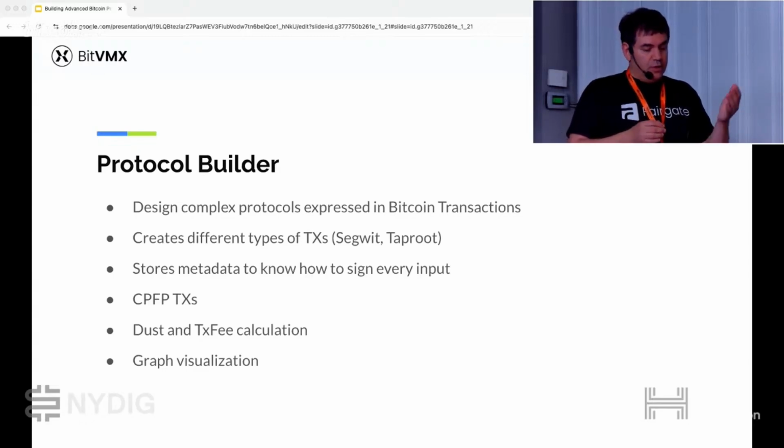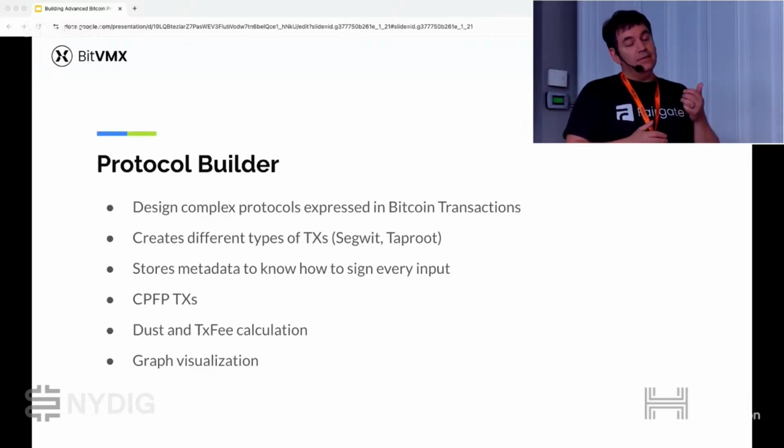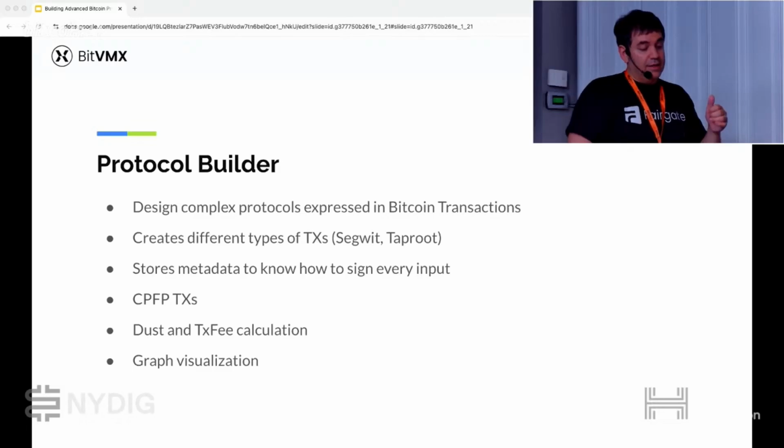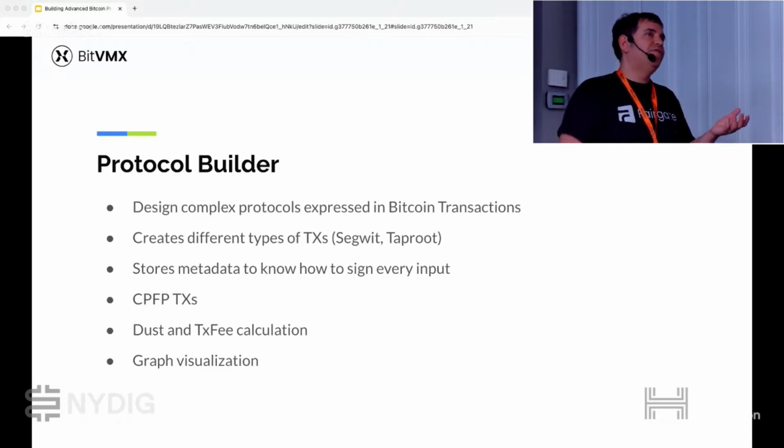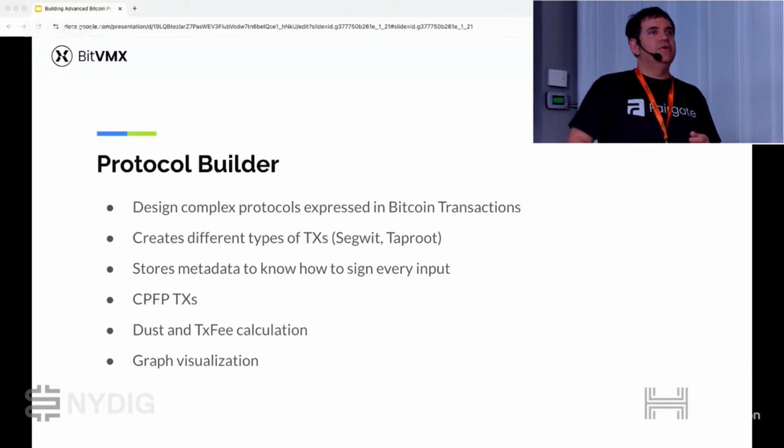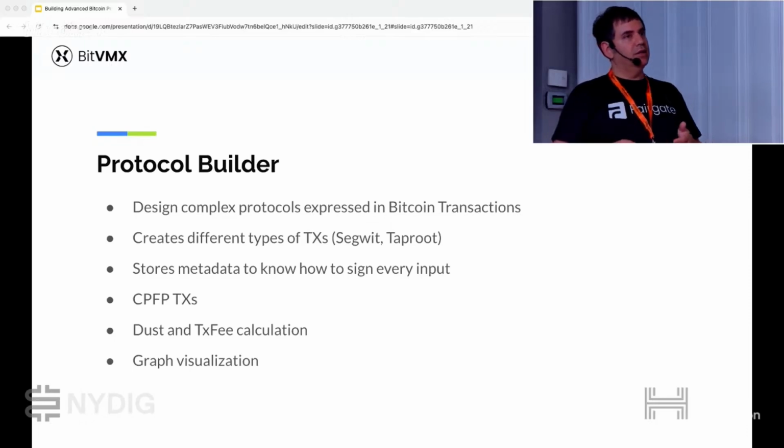It allows you to create different types of transactions. It stores metadata that will be used in order to sign those Winternitz transactions or decode those Winternitz signatures from the transactions seen on chain. It helps in the creation of child-pays-for-parent transactions that are used to ensure that transactions are sent on chain.